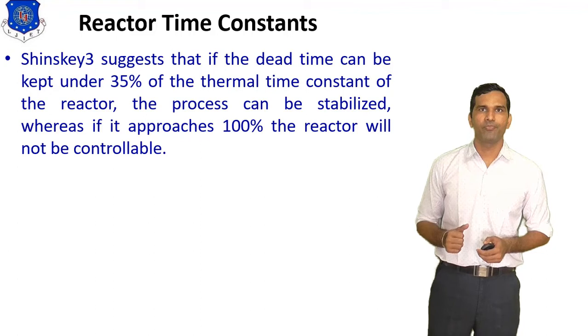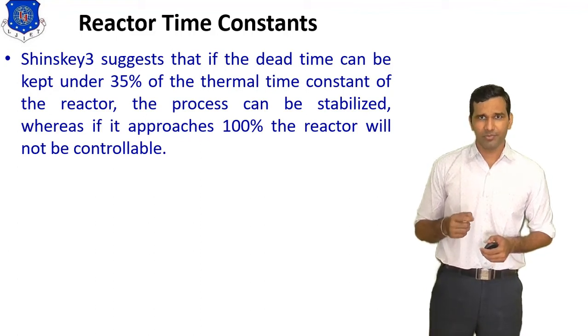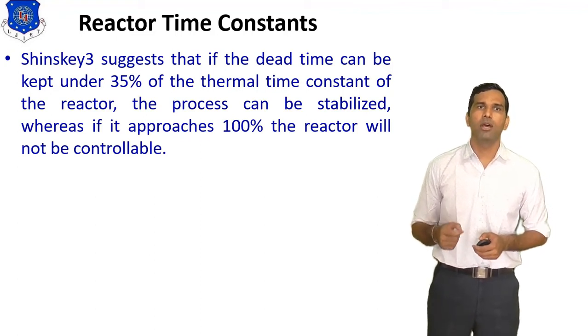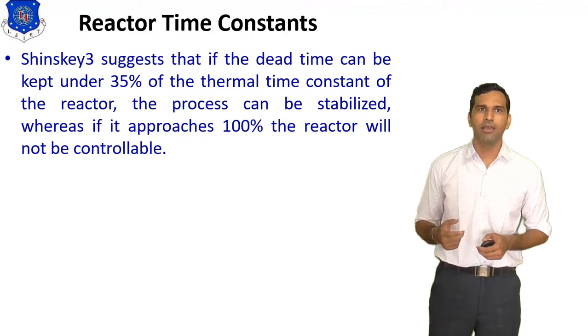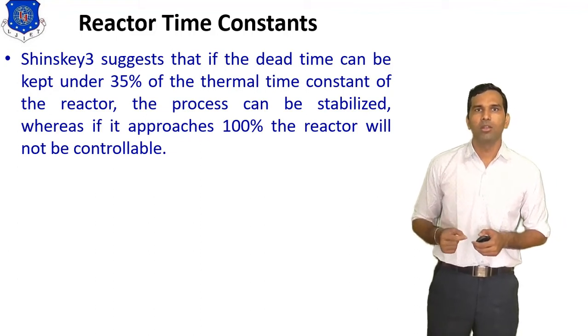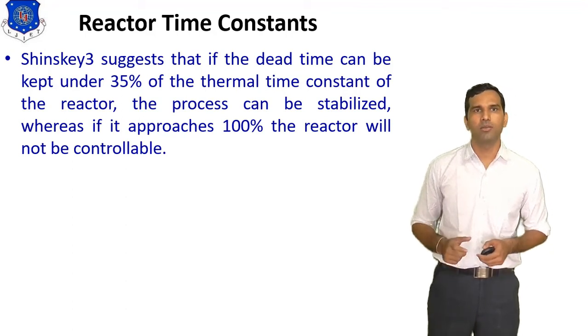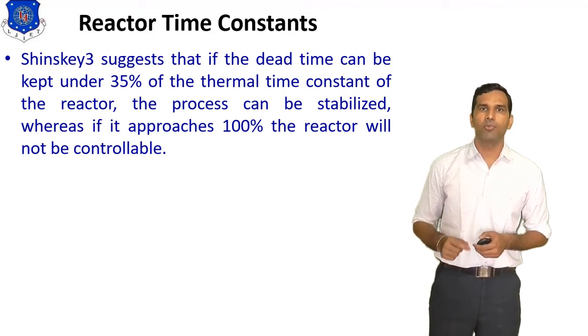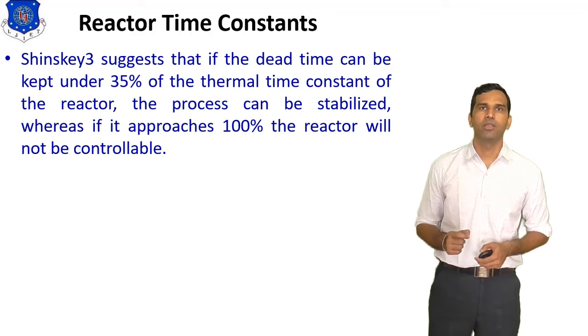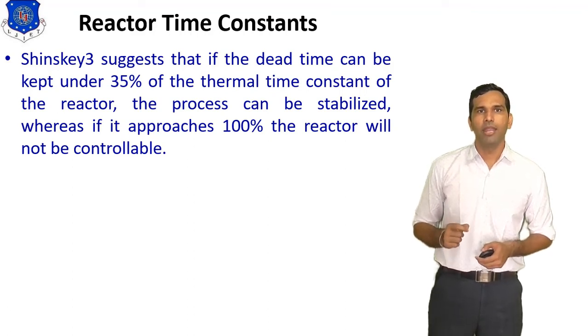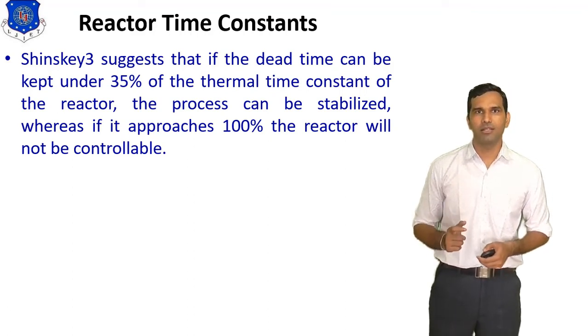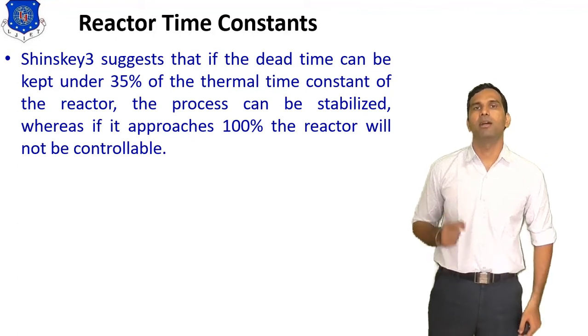So this is the assumption according to Shinskey. He said if we keep the dead time under 35% of the thermal time constant of the reactor, the process can be stabilized. But if it approaches 100%, the reactor will not be controllable.